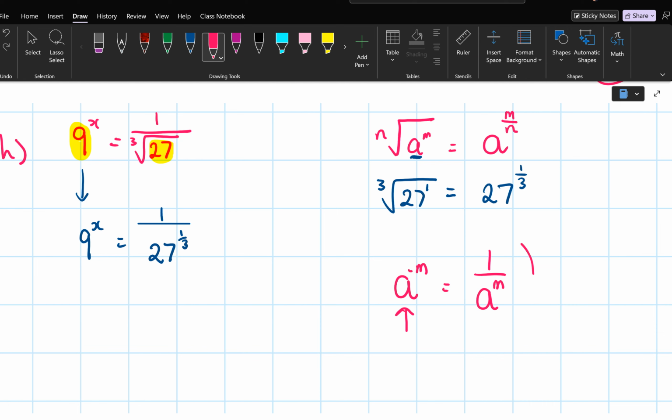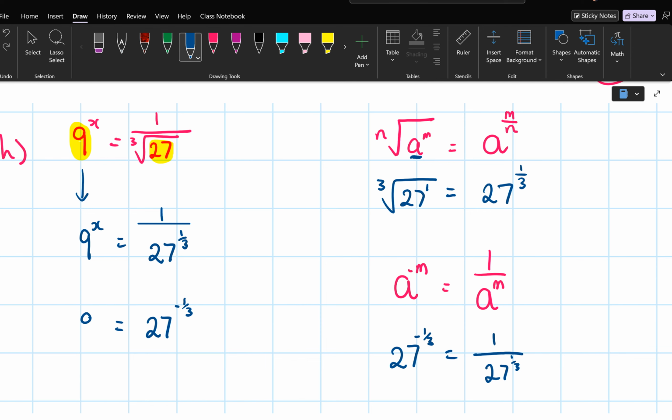So we're taking it from here and moving it back to here. If it's 1 on 27 to the power of a third, according to the rule, it should be 27 to the power of negative a third. So I now have 27 to the power of negative 1/3.